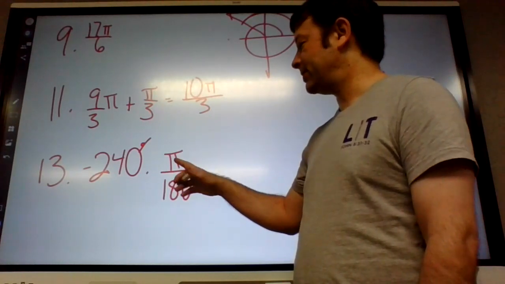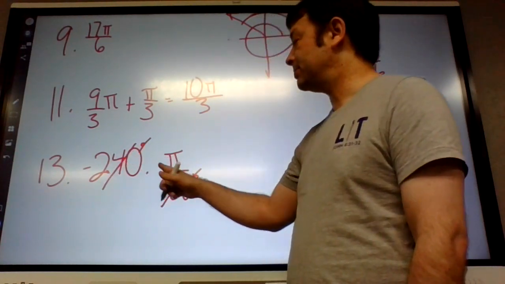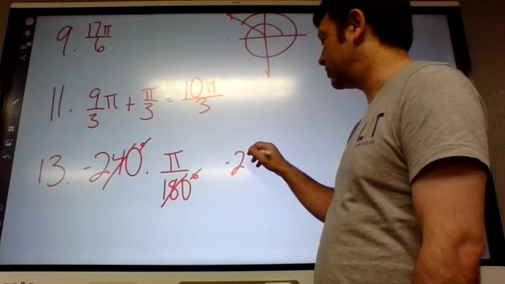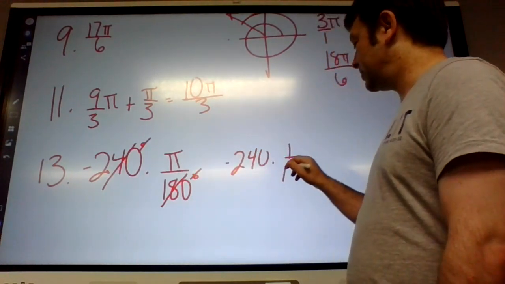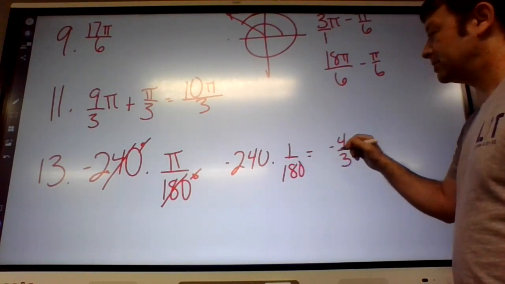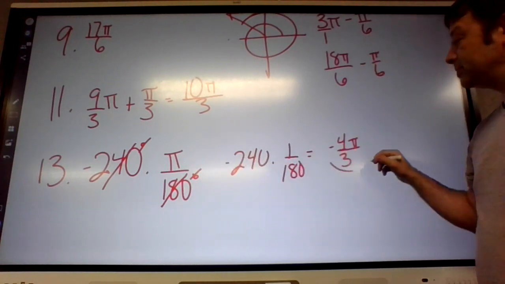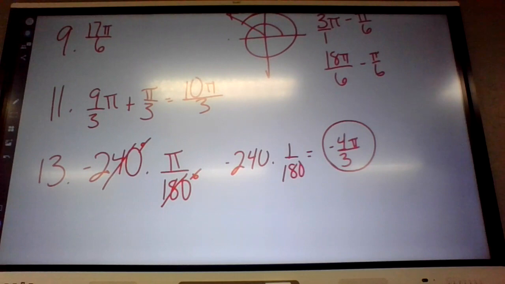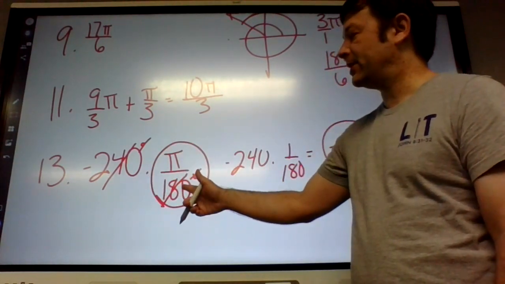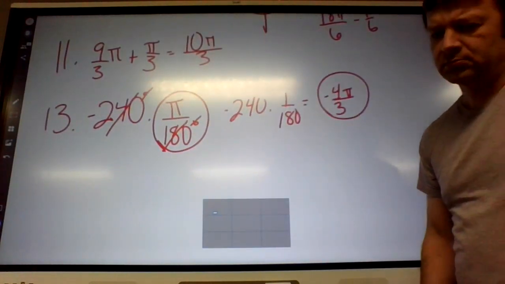If you don't have a nice calculator, you just plug in negative 240 times 1 over 180, and your calculator should turn that into a fraction, like 4/3. Then you throw the pi in there, it'd be negative 4 pi over 3. So this is the converter from degrees to radians. Divide out the degrees, multiply in the radians.